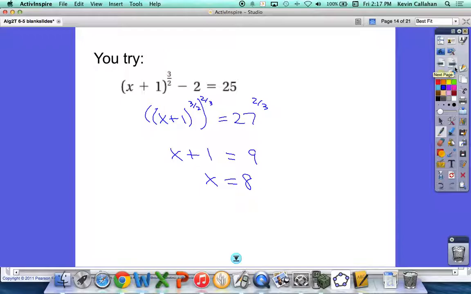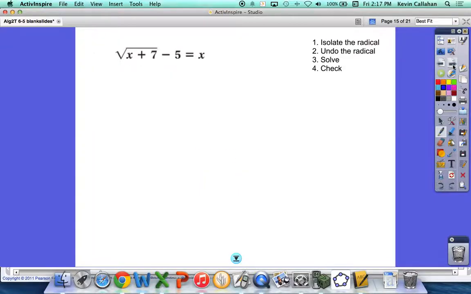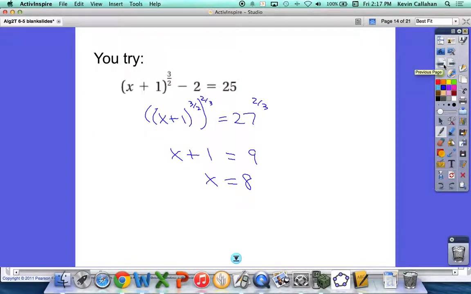And again, because that was a 2/3 with an odd denominator, you didn't need absolute value. 27 to the 2/3. What's the cube root of 27? 3. 3 squared is 9. Or put it in the calculator.